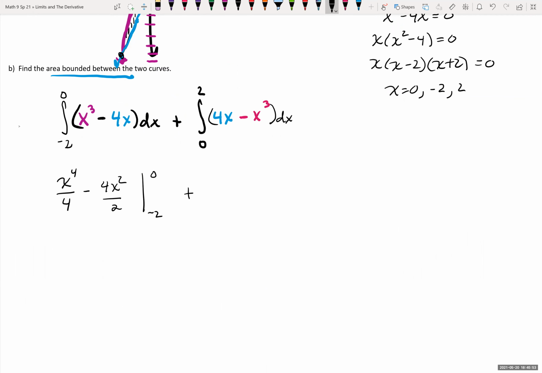So -2 raised to the 4th power. 2 times 2 is 4, times 2 is 8, times 2 is 16. Even number of negatives is positive, so that's 16 over 4. I'll just go back and reduce it in a sec. Now if I plug in -2 for x here, well, -2 quantity squared is 4 times the 4 out front is 16 all over 2.